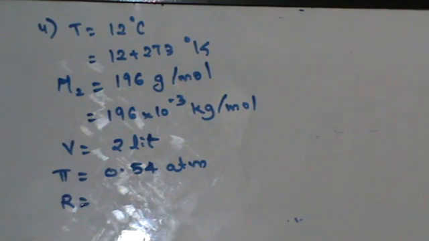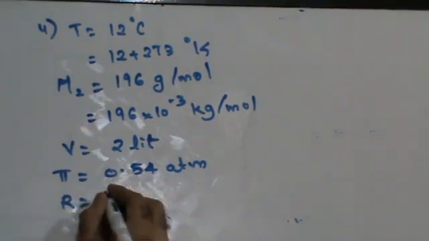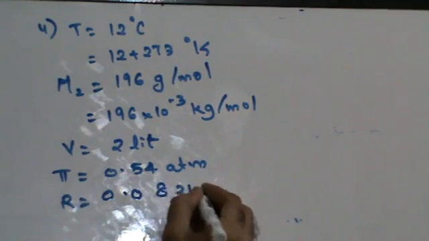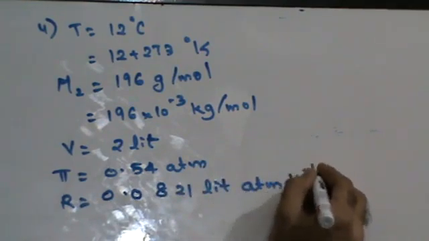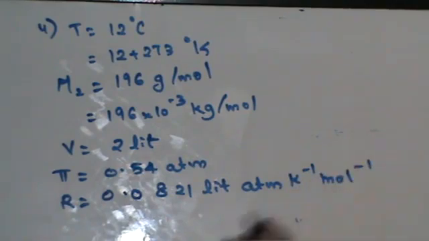Find the mass of the solute if gaseous constant is 0.0821 liter atmosphere per Kelvin per mole.